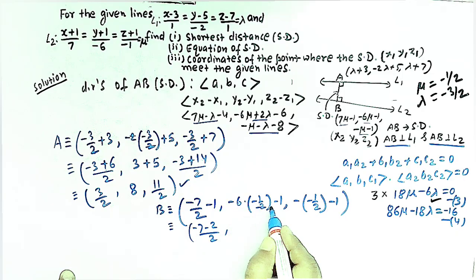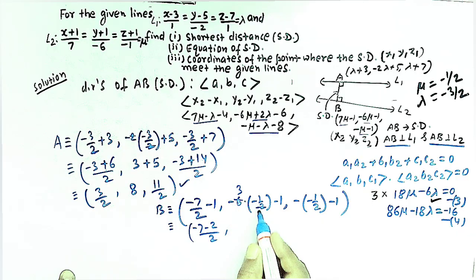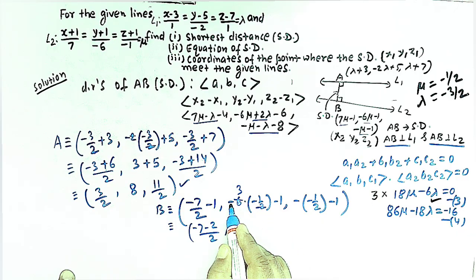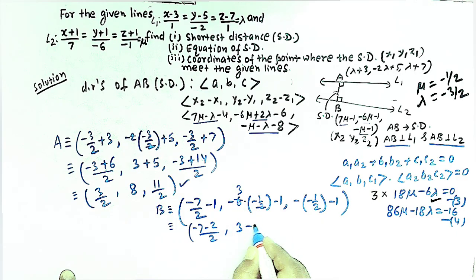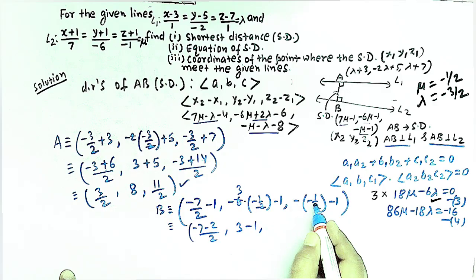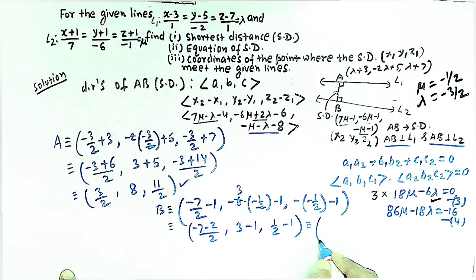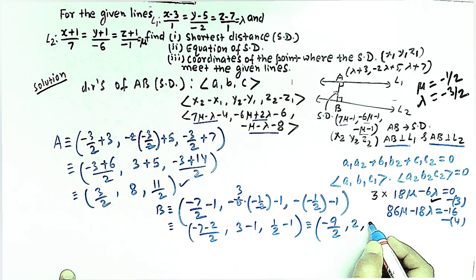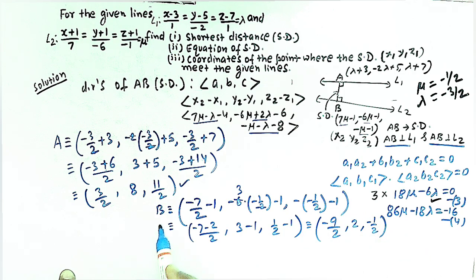Here we have 2 times 3 is 6. So this is plus 3. Negative times negative is positive. And then we have here plus half and minus 1. So we have now minus 9 over 2. 3 minus 1 is 2, and here we have half minus 1 is minus half. So the coordinates of the point B are given by minus 9 by 2 comma 2 comma minus half.